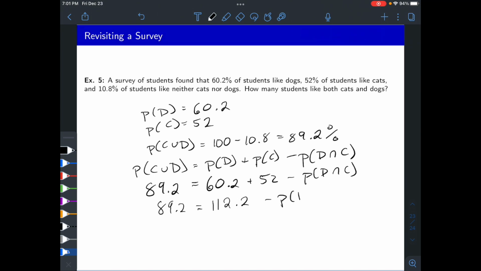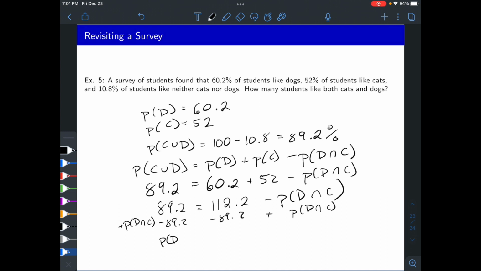Now we just solve for this. We'll add it to both sides, and then I'll subtract 89.2 on both sides.